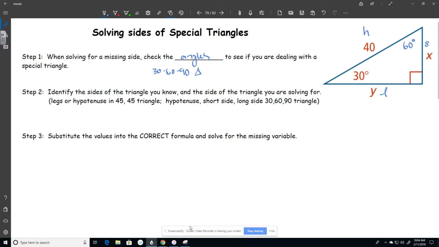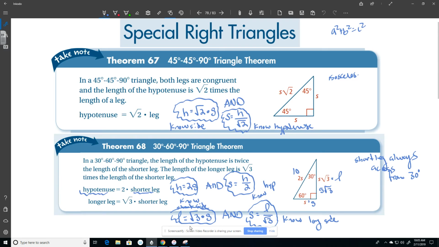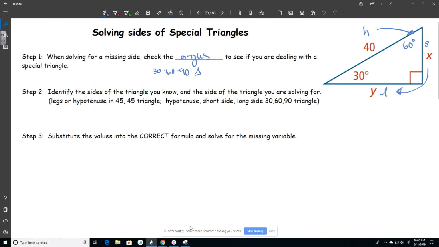If you know the hypotenuse, it's a lot easier to find the short side first and then find the long side, okay? Because if I look at the formulas that we came up with, none of my formulas compare the hypotenuse with the long side. So even though I know the hypotenuse and I want the long side, I don't have an equation to do that. So we're going to go hypotenuse to short side.